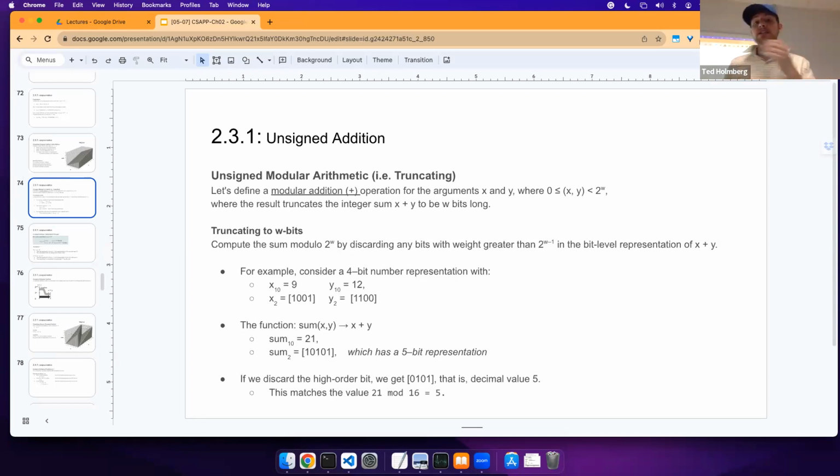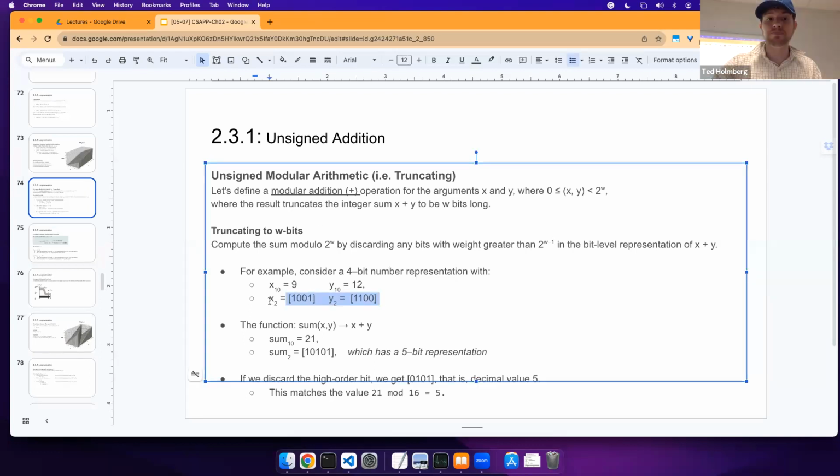So an example of this: suppose I took the value of 9, which I can encode as a 4-bit binary vector, and suppose I took the value of 12. My binary representations are these two bit vectors here. And suppose I call that sum function, where we add those two together. That would result in a value of 21, which is a 5-bit representation.